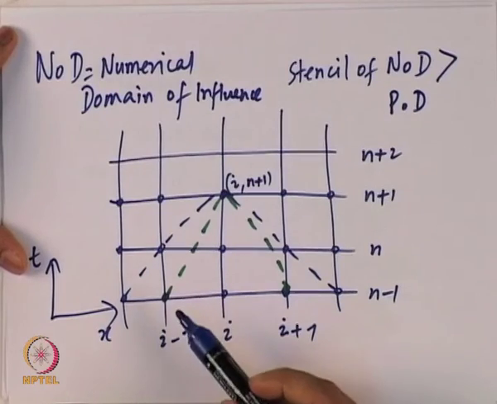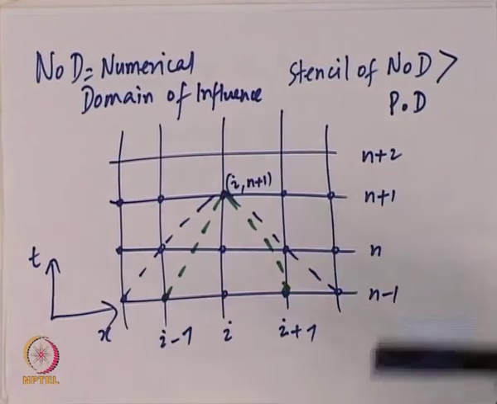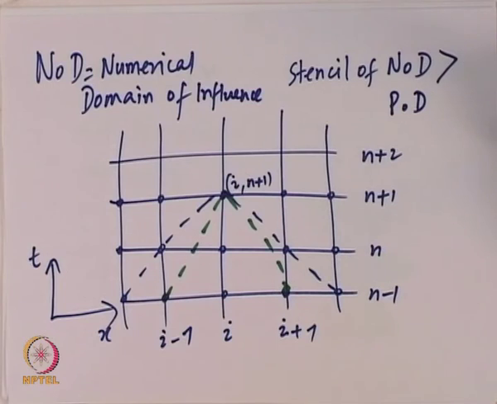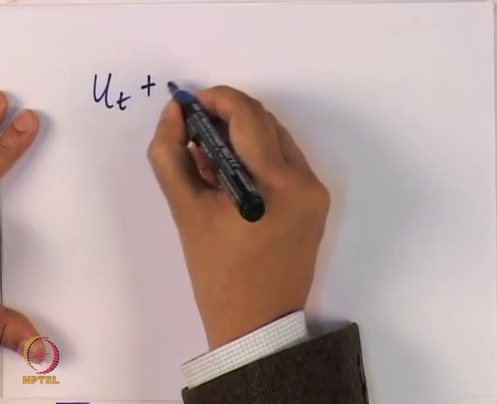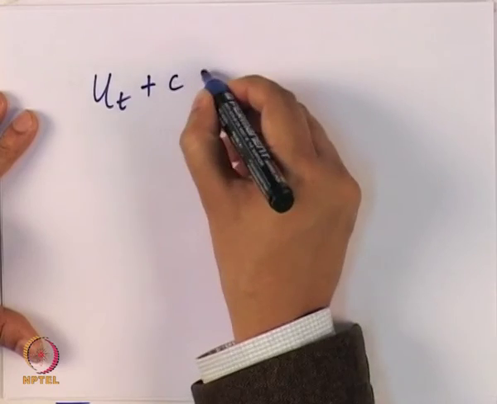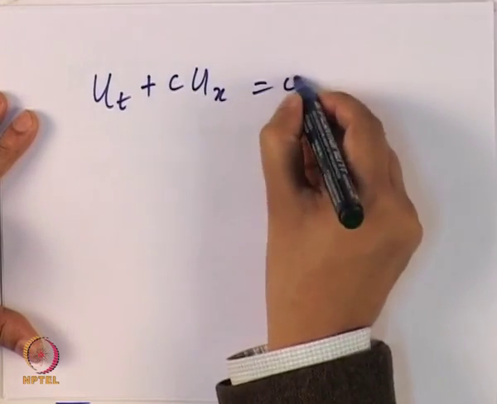In other words, the question comes, how do I know what is the physical domain of influence? For example, you might say, I am talking about a one-dimensional problem, u_t plus c u_x is equal to 0.